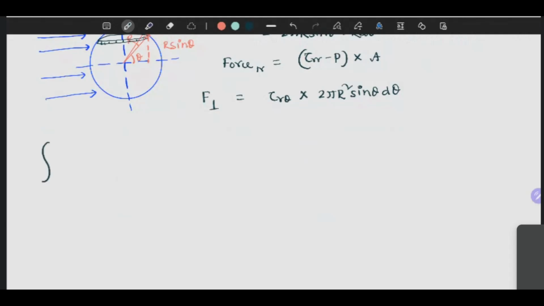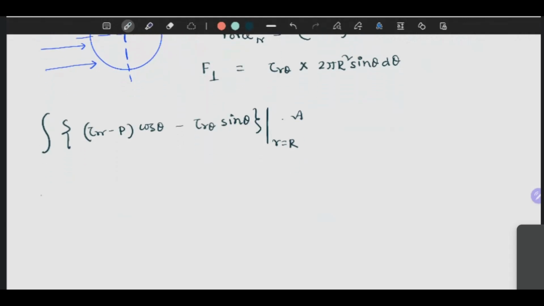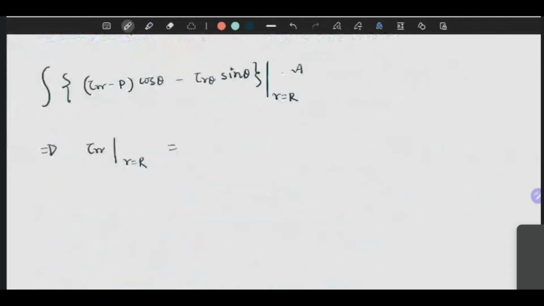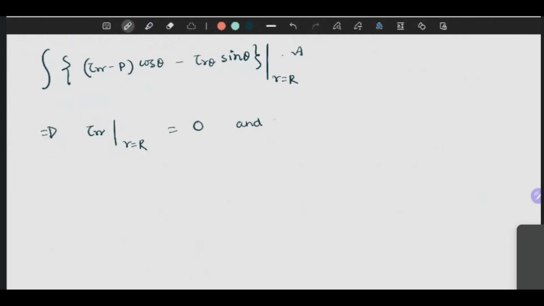You need to do the calculations as tau rr minus p cos theta minus tau r theta sin theta, because that will be the cos theta and sin theta component, and this will be at r equal to r, and this will be this A, and that equals, now tau rr at r equal to r will be 0, and tau r theta at r equal to r becomes 3 eta u infinity sin theta divided by 2r.